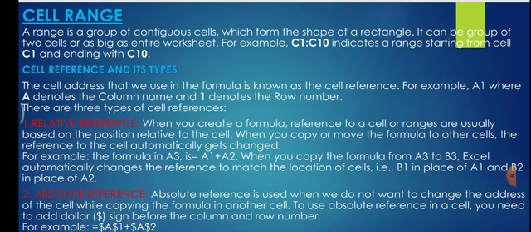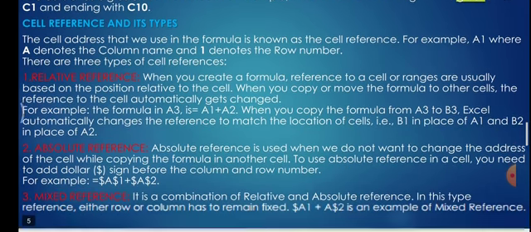For example, the formula in cell A3 is equals A1 plus A2. When you copy the formula from A3 to B3, Excel automatically changes the references to match the location of cells, that is B1 in place of A1 and B2 in place of A2.